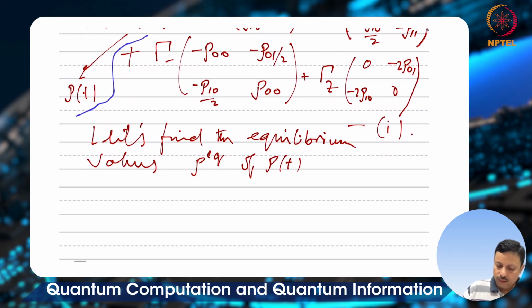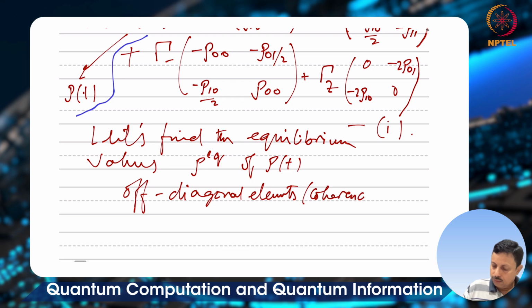So now the off diagonal elements, the coherence terms, go to 0 as t goes to infinity. Okay, this is expected from the previous calculation also. So this is the condition for equilibrium also.